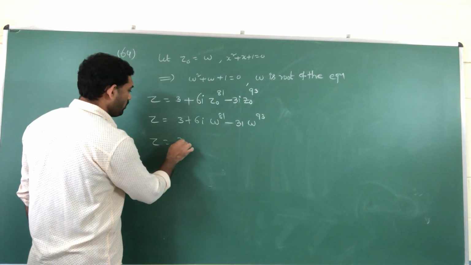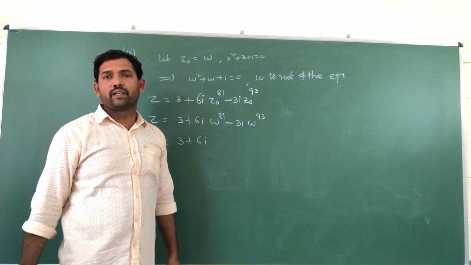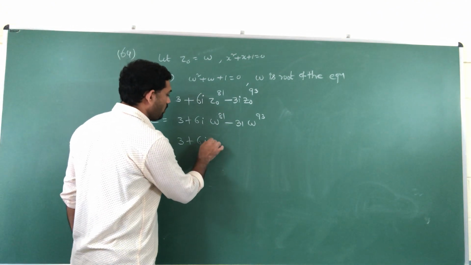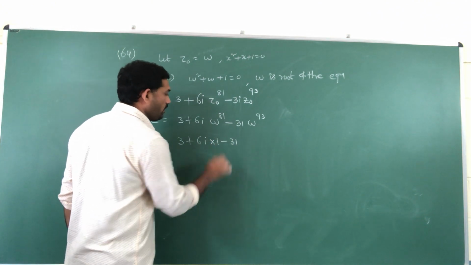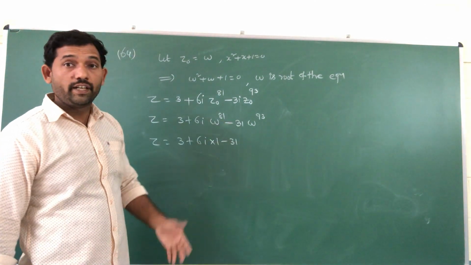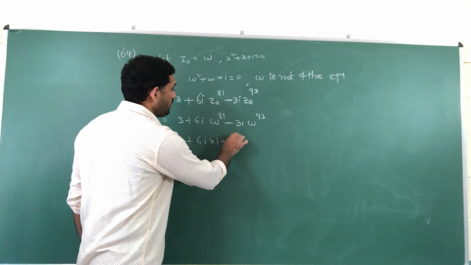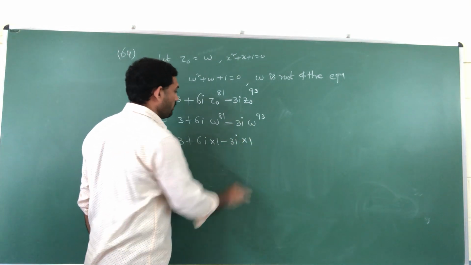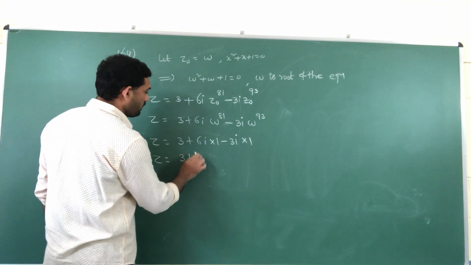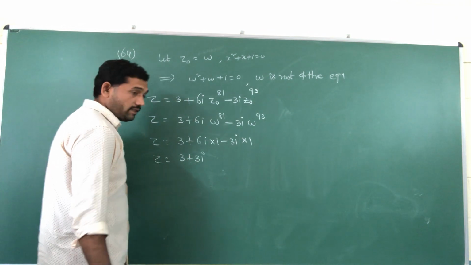So Z is equal to 3 plus 6i into omega to the power 81. 81 is a multiple of 3, so that value is 1. Minus 3i into omega to the power 93, it is also a multiple of 3, so that value is also 1. So now Z is equal to 3 plus 6i minus 3i, value is 3 plus 3i. That is our complex number.